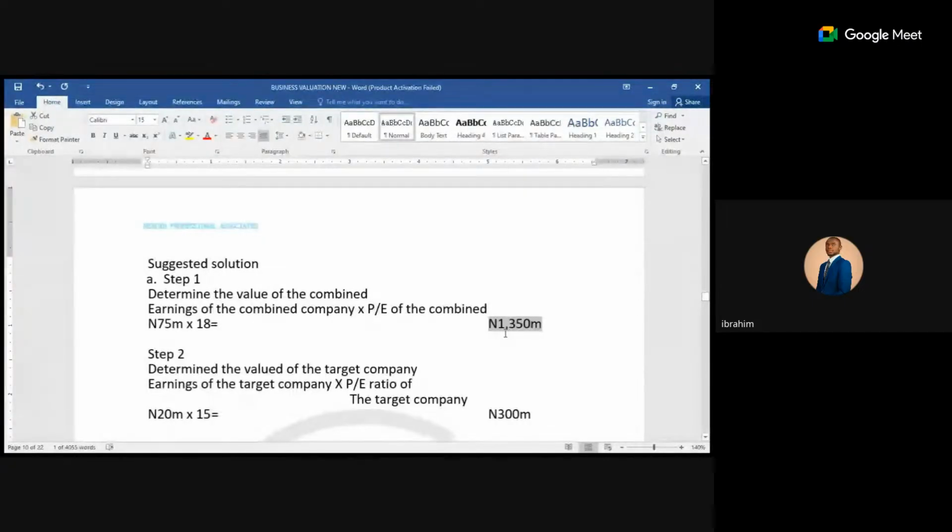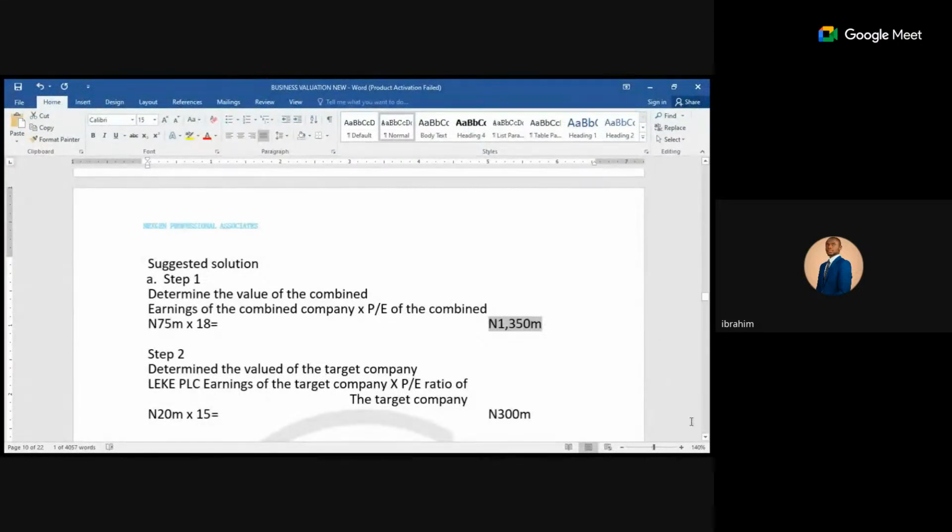So you need to remove the value of the target company from here. When you remove it, you will have the amount at which you will pay for Lekki PLC. This is the combined, both the main company and the target company.